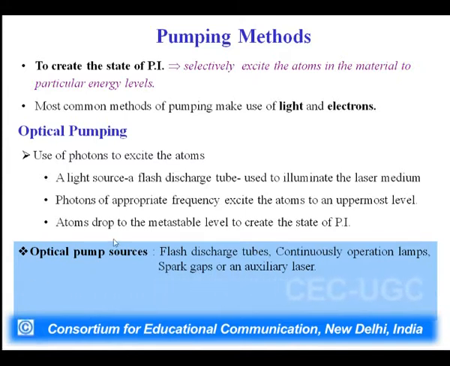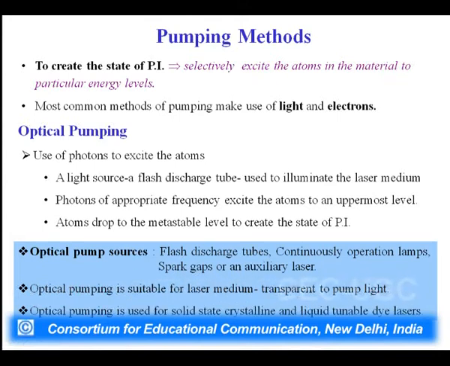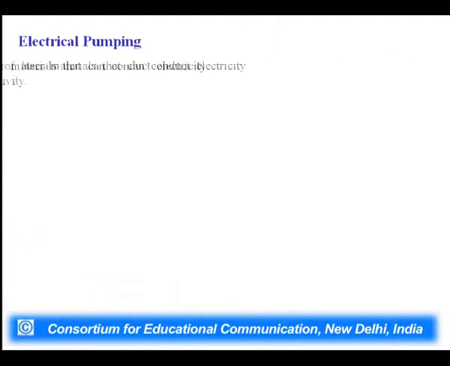The optical pump source may be a flash discharge tube, continuously operating lamps, spark gaps or auxiliary lasers. Optical pumping is suitable for laser media transparent to pump light. Optical pumping is used for solid-state crystalline and liquid tunable dye lasers.